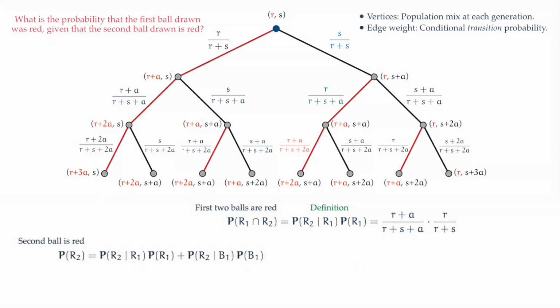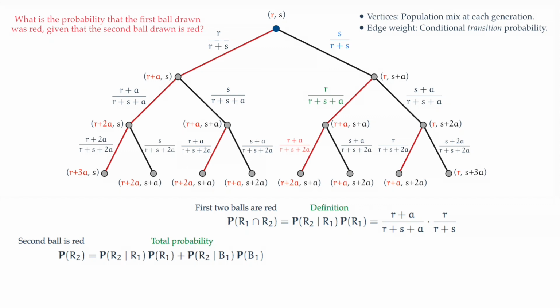What is the guiding principle for an identity like this? Did you recognize the use of total probability? We broke up the sample space into two pieces, R1 and the complement of R1, or B1. This was a natural partition which is given to us by the structure of the problem.